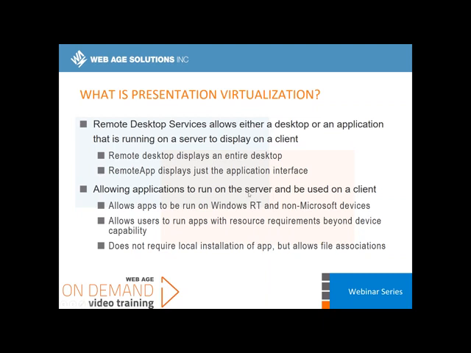And of course, you can also use tablet-based devices like Windows RT, or other non-Microsoft devices. Again, those applications that are running on the server can be so demanding that the tablets or local computers normally would not be able to run them. So another cost-saving measure, folks, is that you don't have to purchase a very powerful computer for every one of your employees anymore.